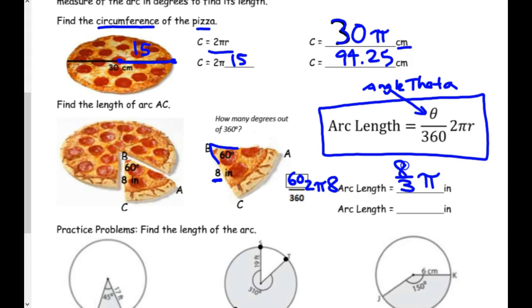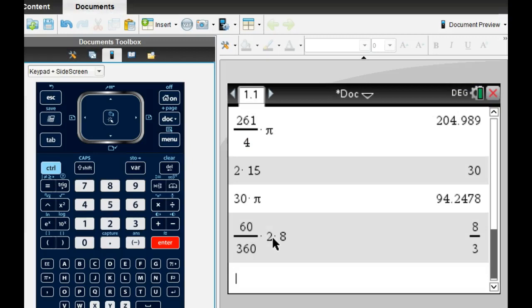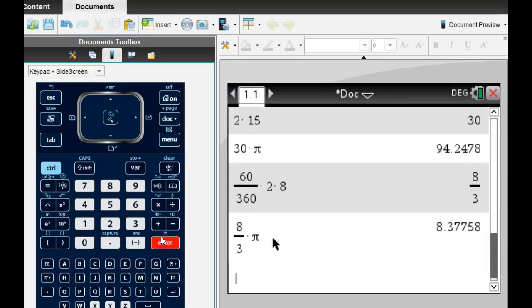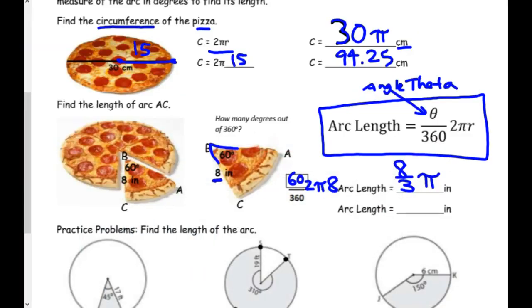Regular inches. And then to get the arc length in decimal format, I just hit times pi, enter, enter, 8.38. Regular inches. Okay? So again, I'm using my formula. Don't multiply pi, and then I do multiply pi. 2 answers, right?